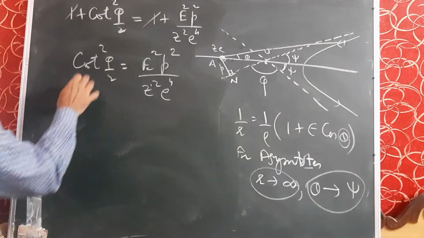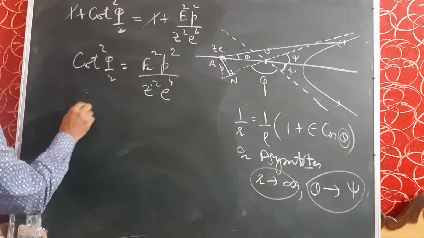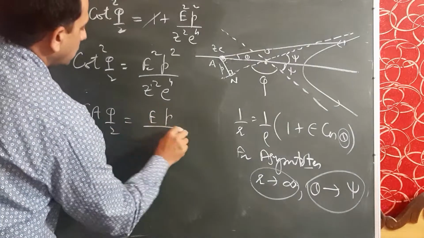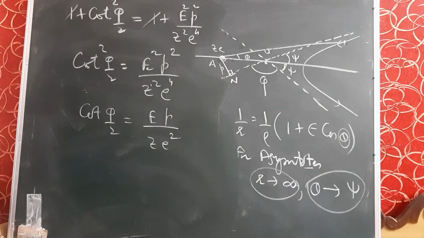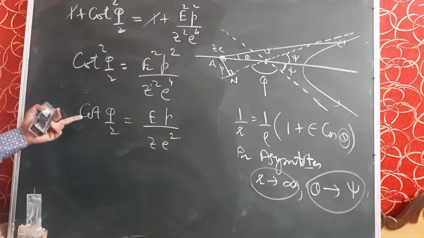Taking square root on both sides, it will become cot phi by 2 is equal to EP over Z e square. Or we can get tan, because the reciprocal of cot is tan.